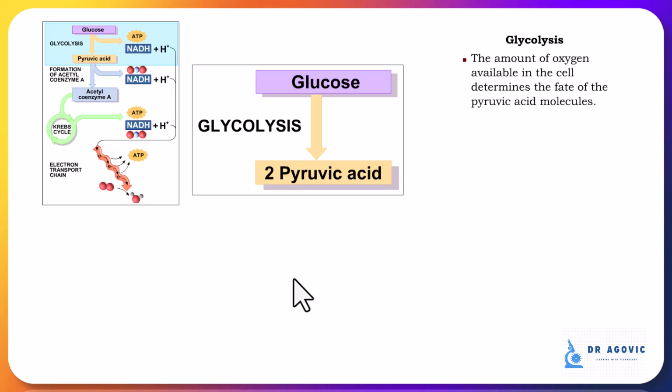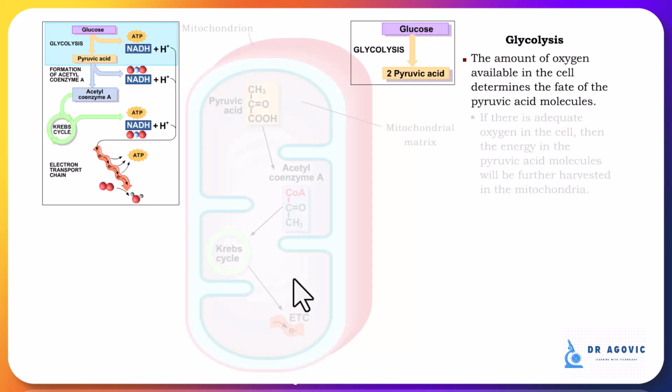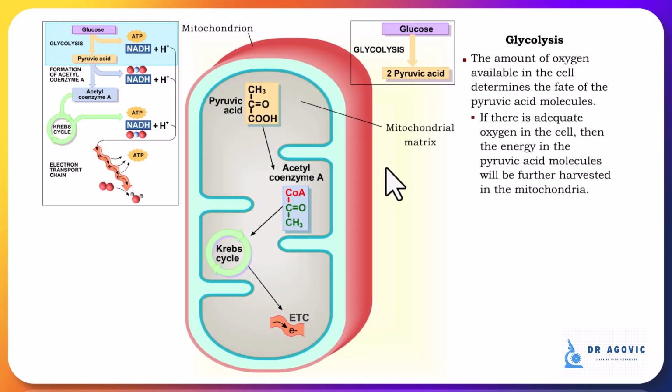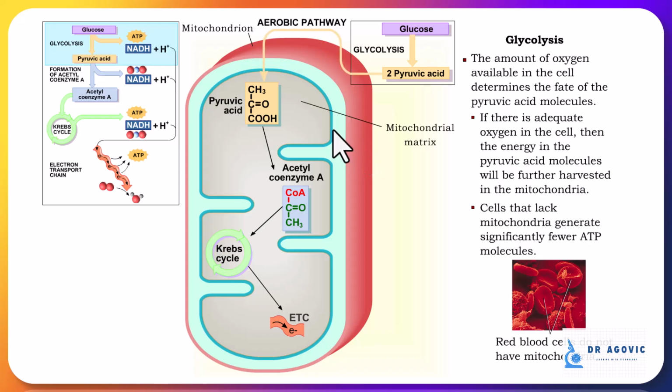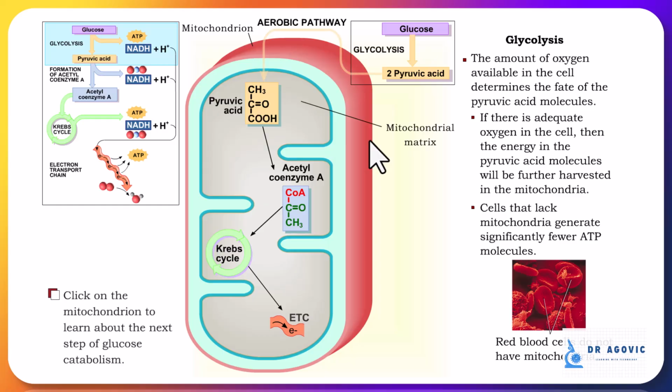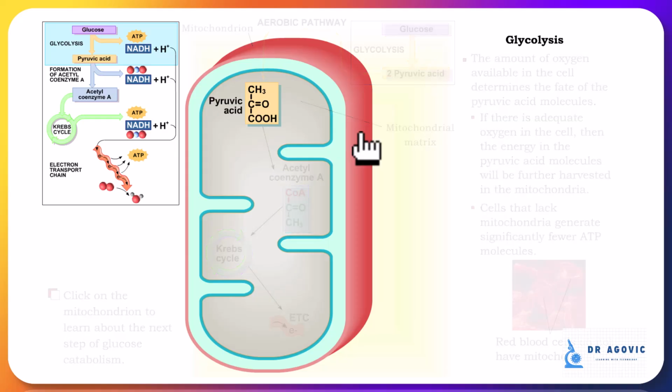However, if there is adequate oxygen, the pyruvic acid will be further harvested for much more energy in the mitochondrion of a cell. Cells that lack mitochondria generate significantly fewer ATP molecules. Let's continue to learn more about glucose catabolism, now in the mitochondria.